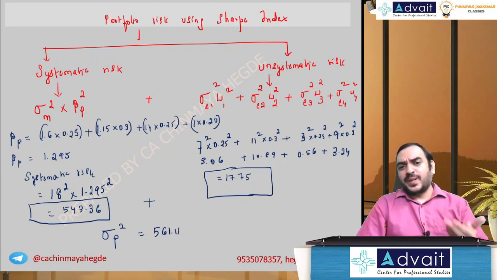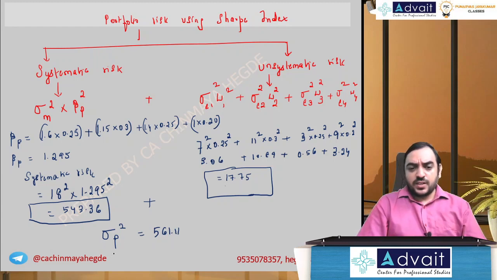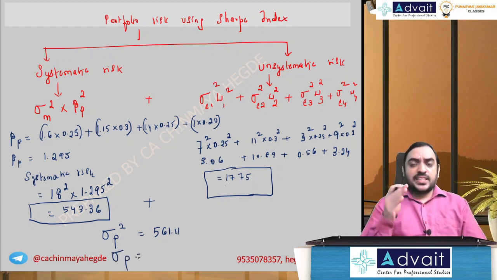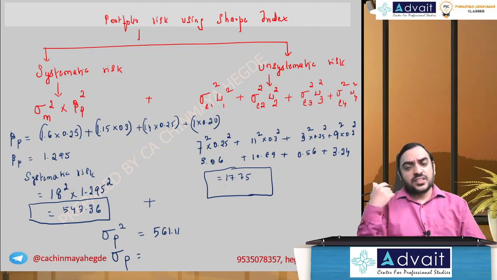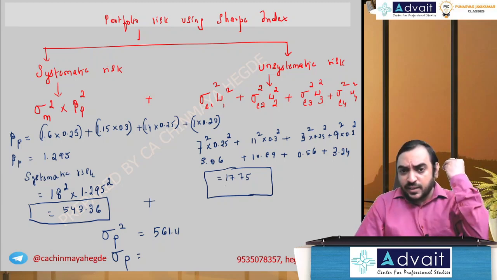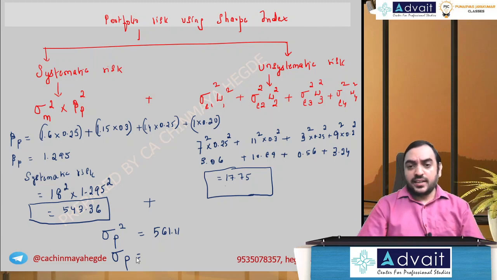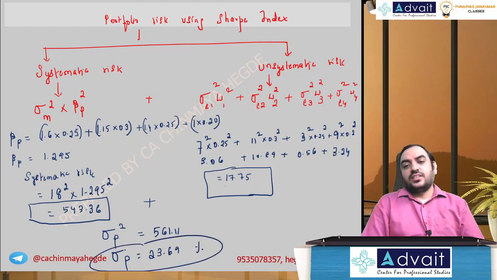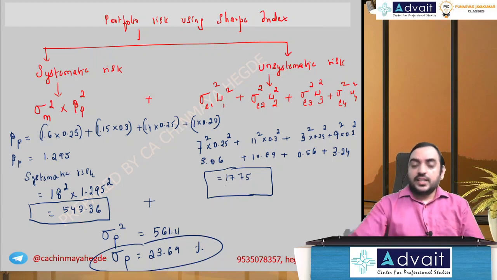Then if you want to calculate portfolio risk expressed in standard deviation, as I told you earlier, in the exam, let them ask portfolio variance, portfolio risk, portfolio standard deviation, whatever they want, we will calculate both. Variance we calculated, take a square root of this, you get 23.69. Ultimately, this is the risk of the portfolio using Sharpe index.